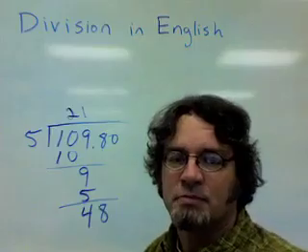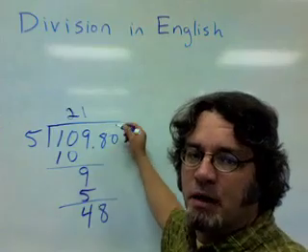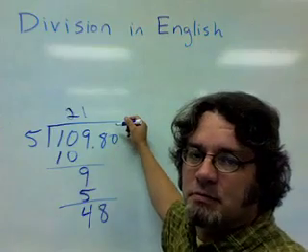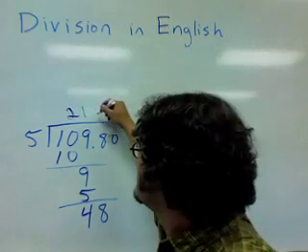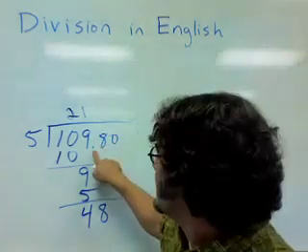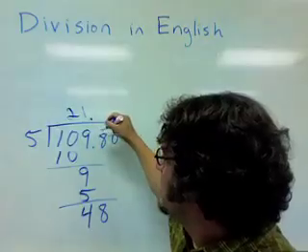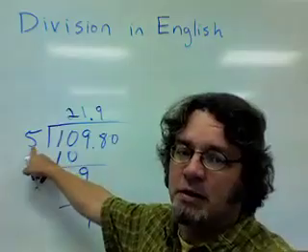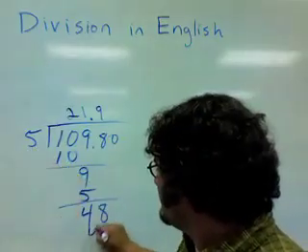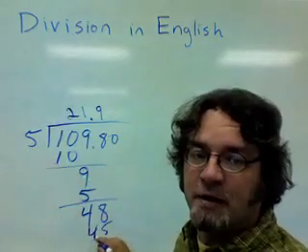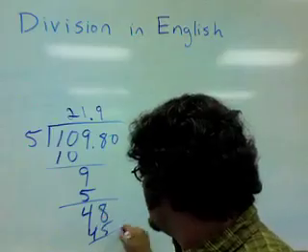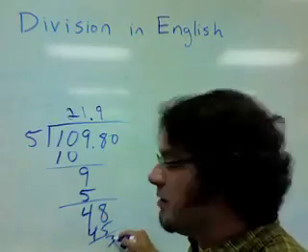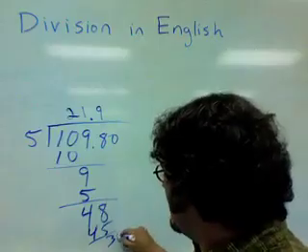And then you would guess, oh, about 9 times. Now there's a decimal point here. The decimal point can go up. 9 times 5 is 45. Subtract 45 from 48 gets you 3, and then you bring down the 0 here.